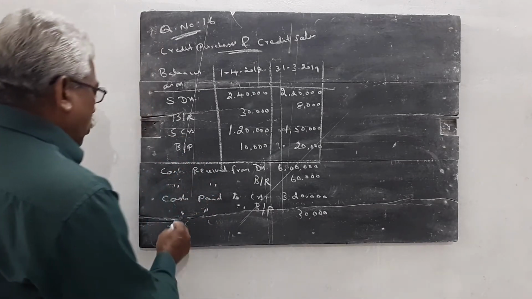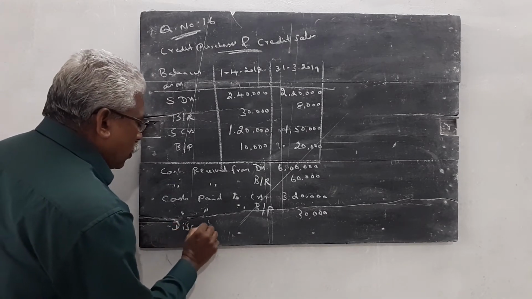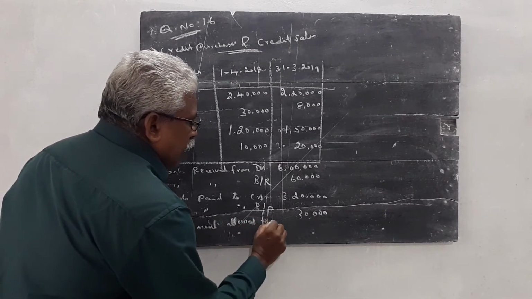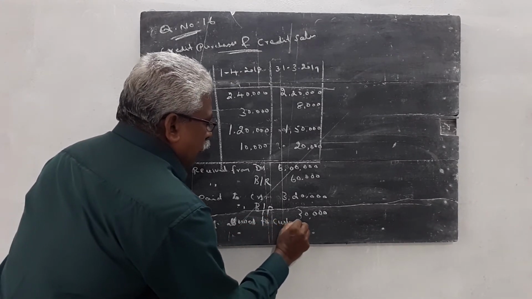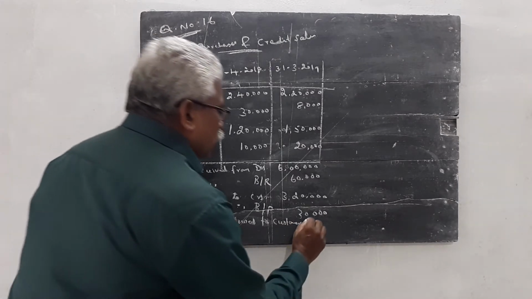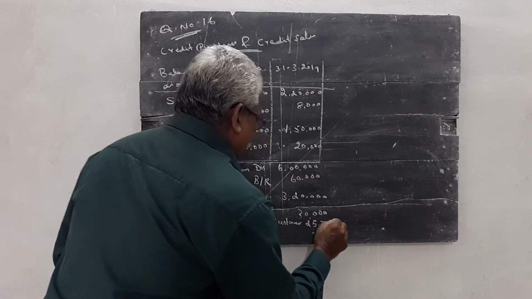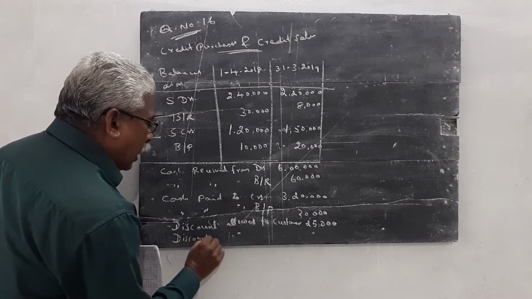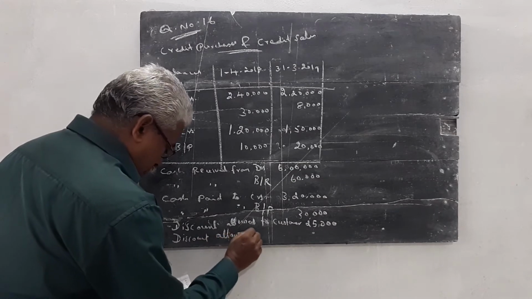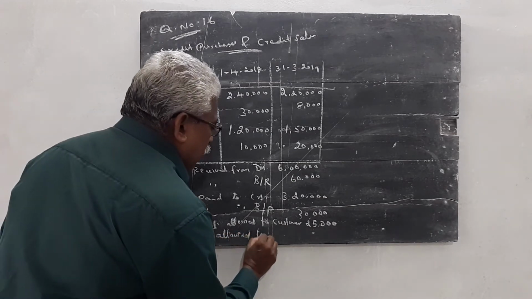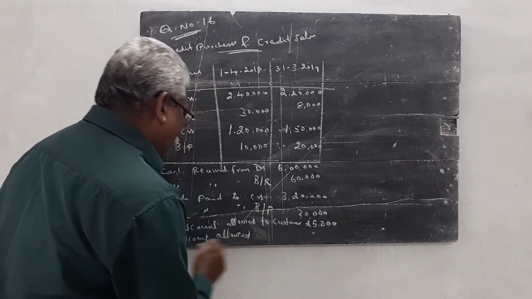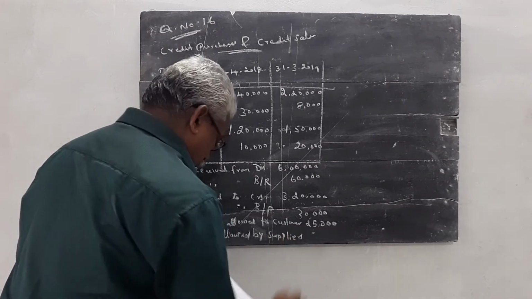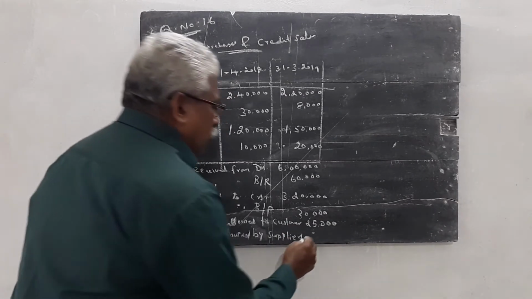Then discount allowed to customer, rupees 25,000. Another point: discount allowed by suppliers, rupees 10,000.